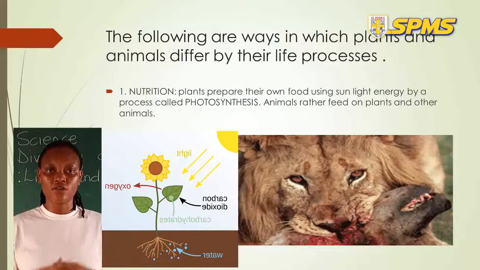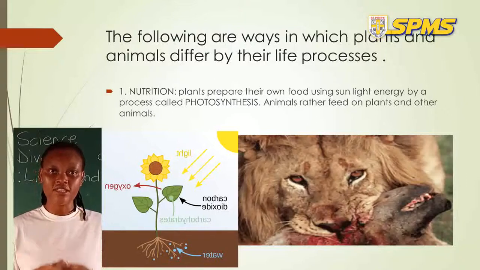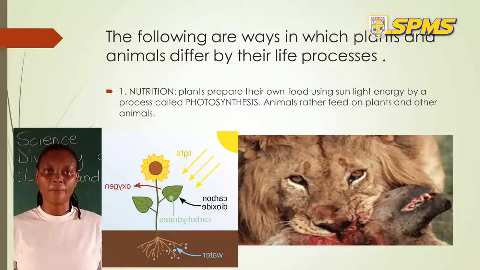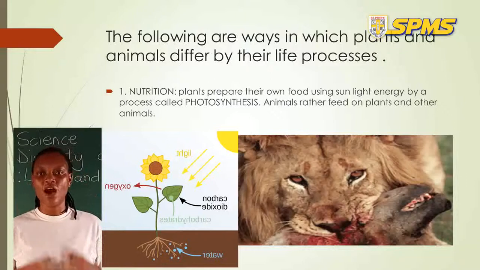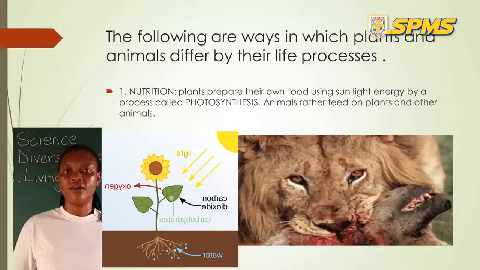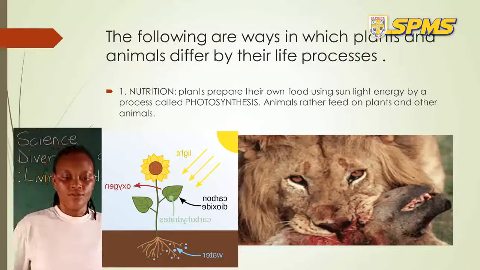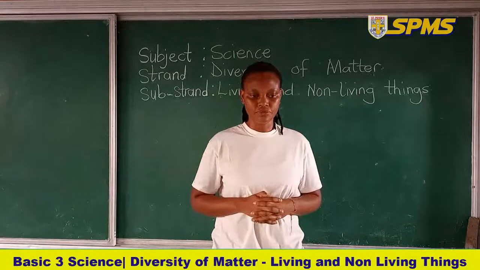When you come across a lion, the lion is likely to what? Eat you up. That's why they are always kept in a cage at the zoo, or they are in the what? In the forest. Very good. Let us move on.